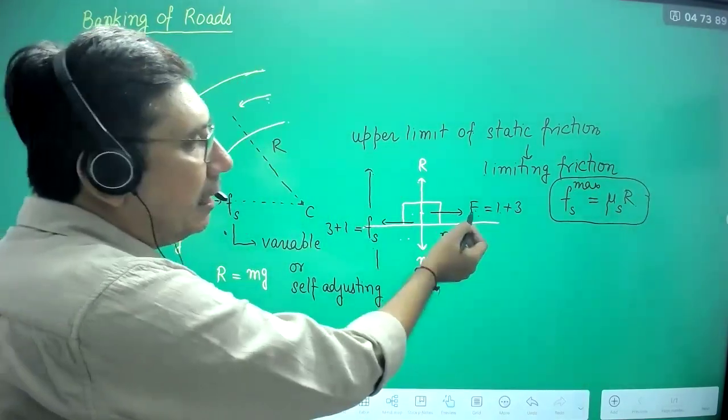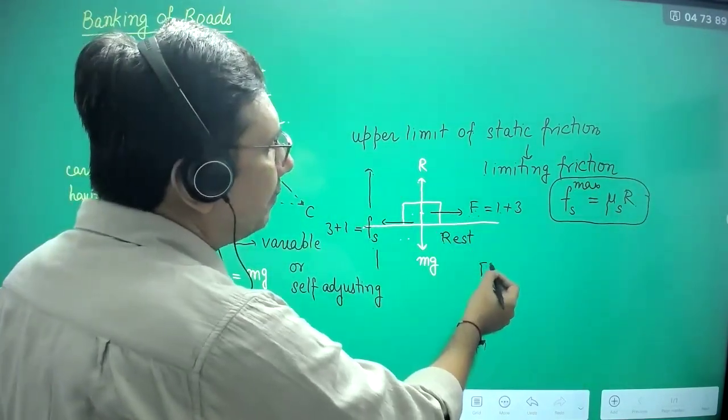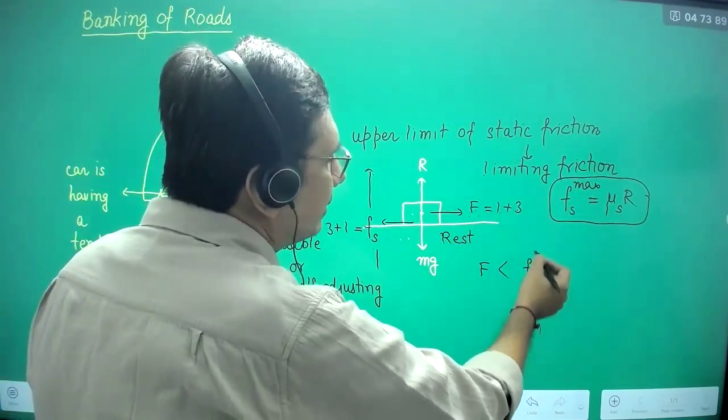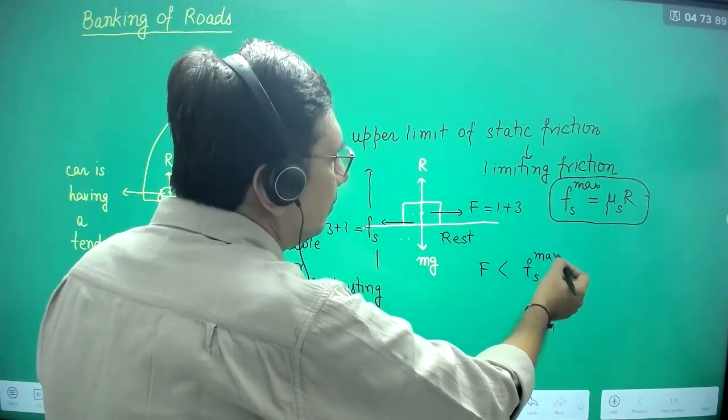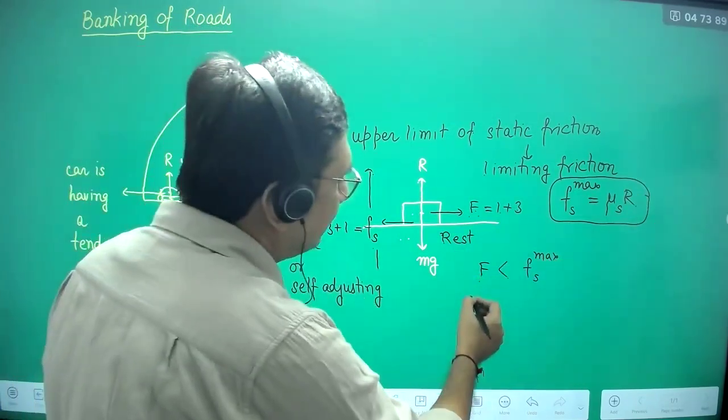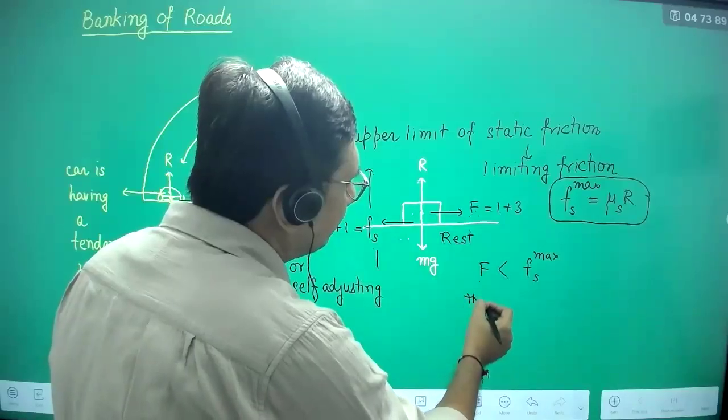Try to understand: up to the point where this F is less than Fs max, the block will be at rest.